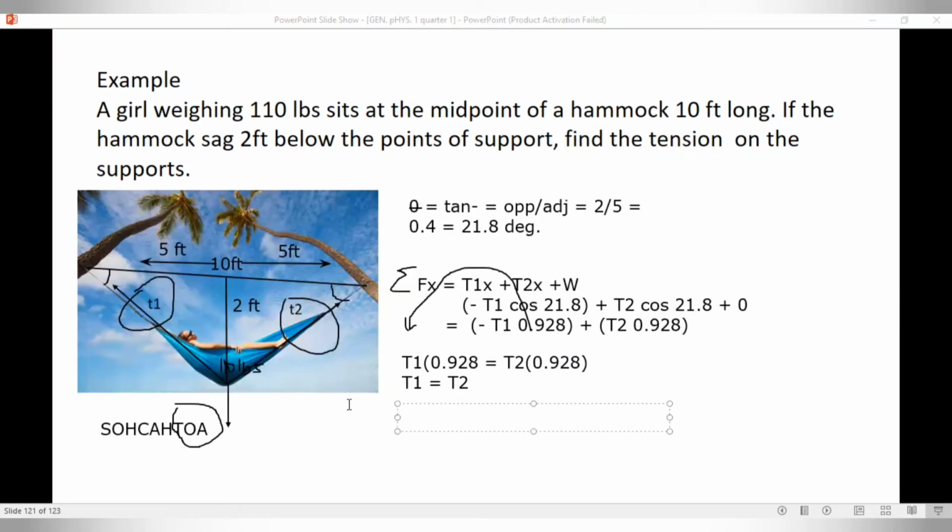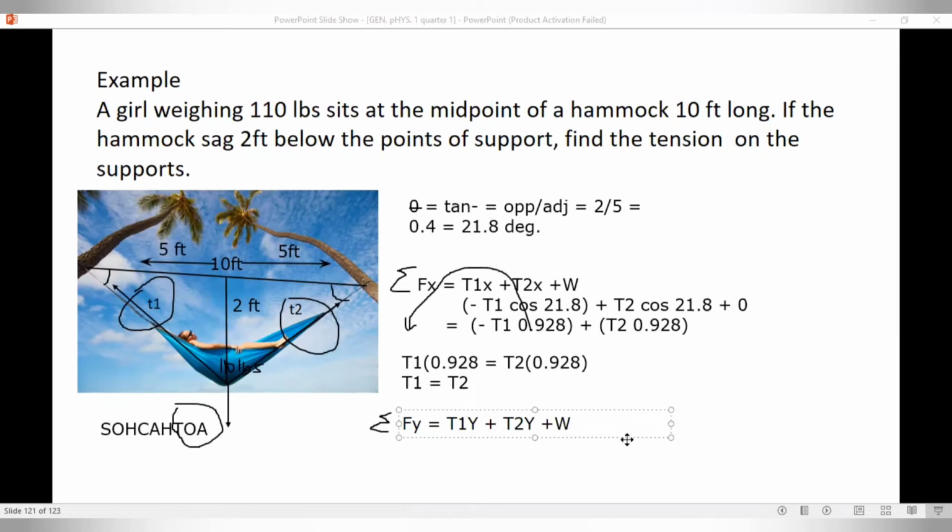So, therefore, for your Y component, you have the summation of F sub Y, small y lang, is equal to T1Y plus T2Y plus W. Dito, magbabago na.